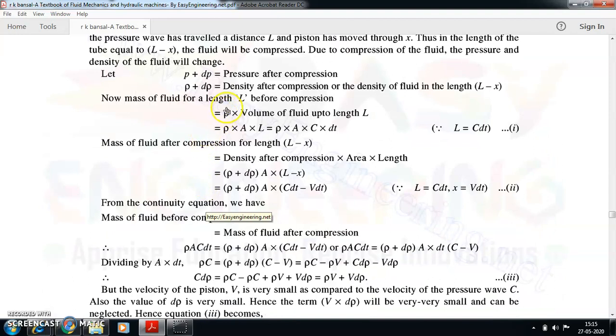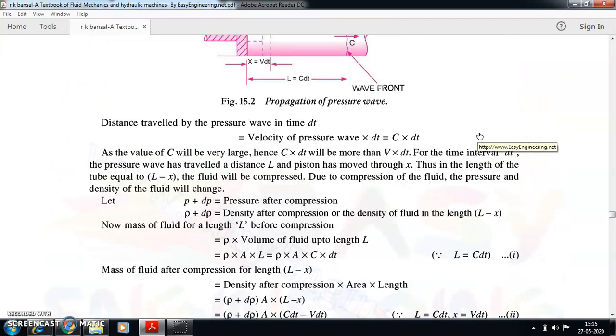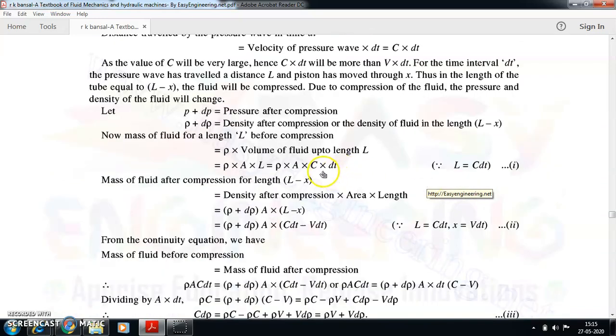Now the mass of the fluid for the length L before compression will be density into volume of the fluid up to length L. So we can write it as rho A into L, where L is equal to c dt. Just by the mention over here, L will be c dt, the distance traveled. So I am substituting the value of L here, which is c dt.